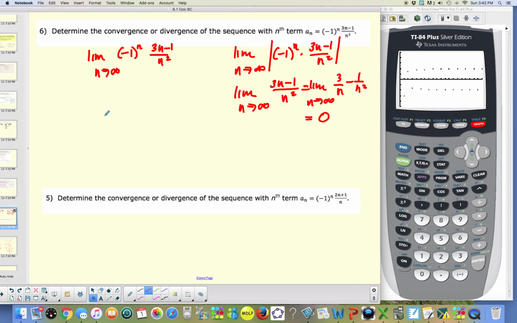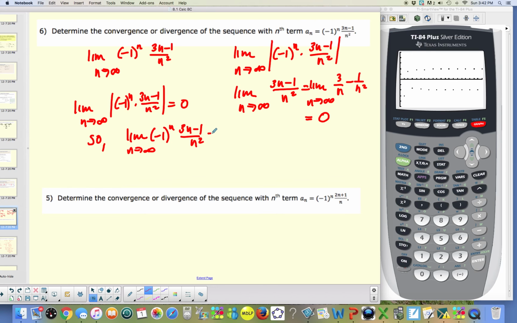So I know that the limit as n approaches infinity of the absolute value of -1 to the n times 3n minus 1 over n squared is equal to 0. So by that theorem, I know that the limit as n approaches infinity of -1 to the n times 3n minus 1 over n squared will also be equal to 0. And you can actually graph it on your calculator to see that that's what's happening.